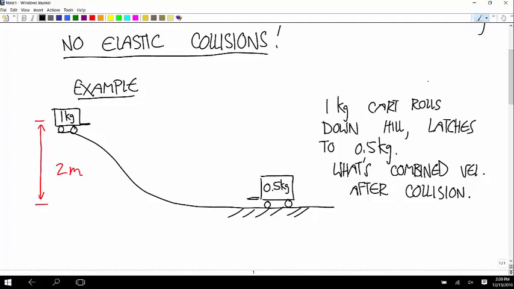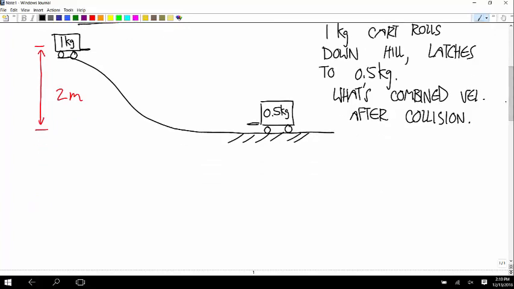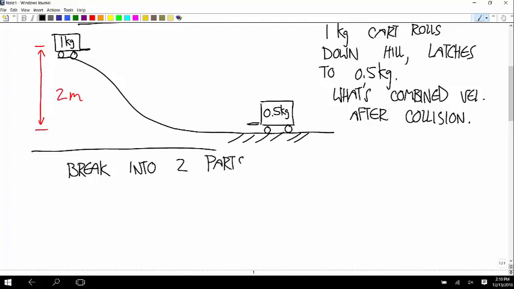Okay, we're going to do this problem in two parts. The way you know how to separate the problem into parts is that conservation of linear momentum is only going to be used in any problems for the collision itself.